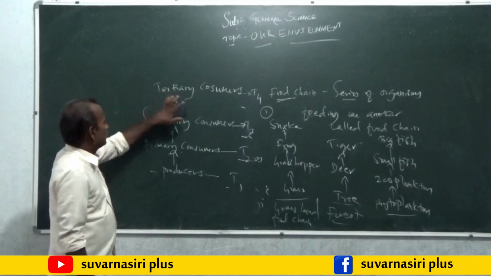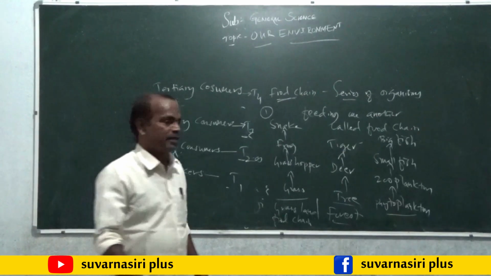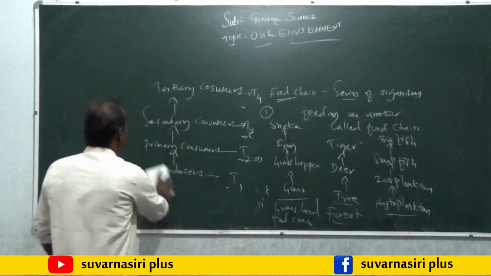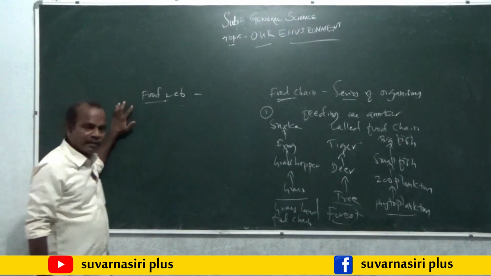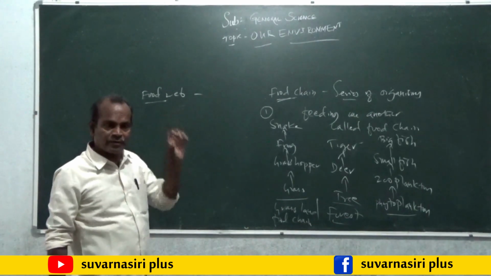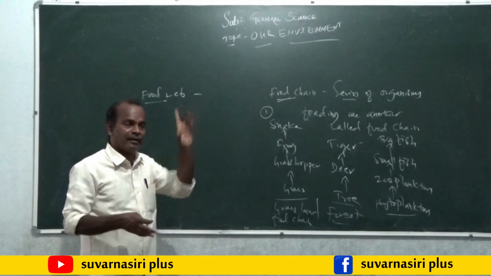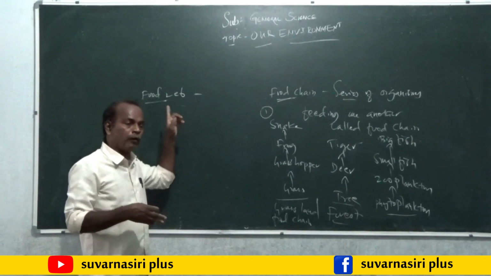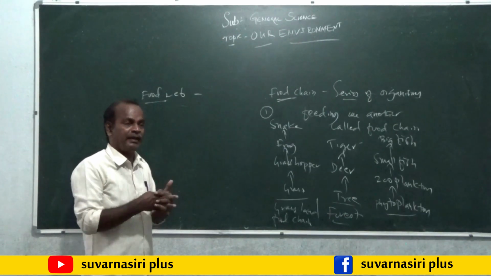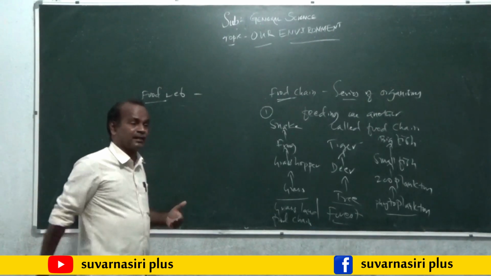Yes, after understanding the trophic levels, next we shall move to the food web. What do you mean by food web? Many interconnected food chains that establish a network of species relationship. Food chain is a straight link of nutritional relationship, but food web connects many food chains and establishes a network of species relationship.